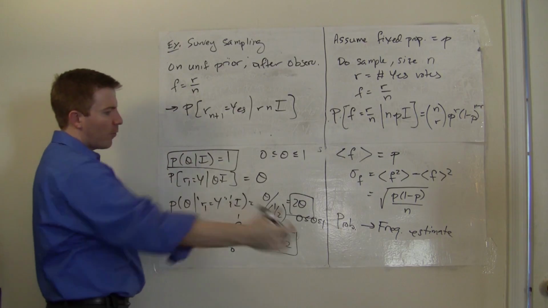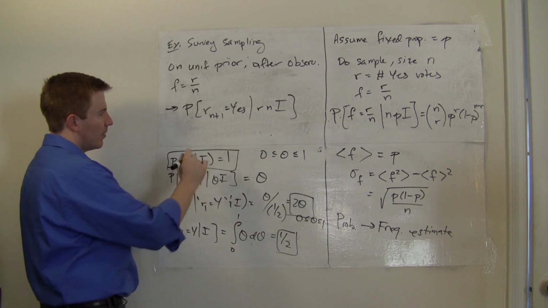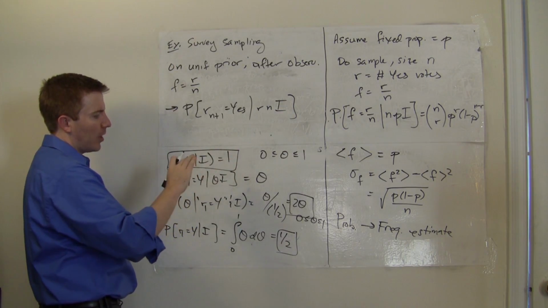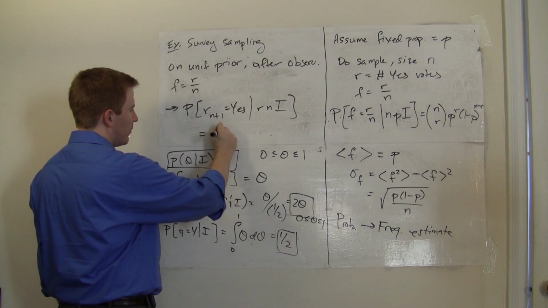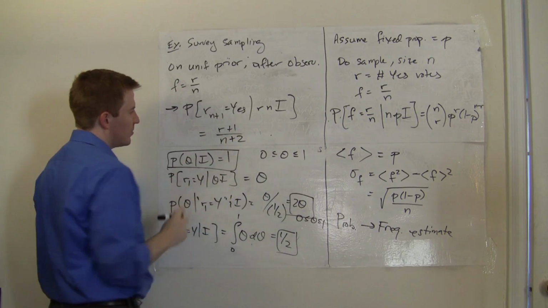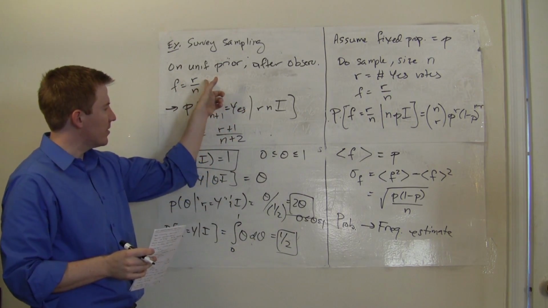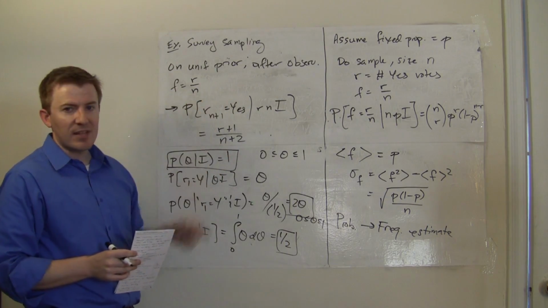That forward-looking probability for the next polled person giving us a yes vote is what comes about through Laplace's rule of succession. This is what we saw a couple of videos ago. It is the number r plus 1 divided by n plus 2, where r is our number of successes and n is the number in the sample.